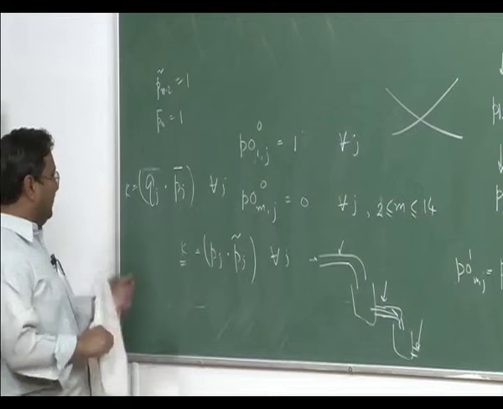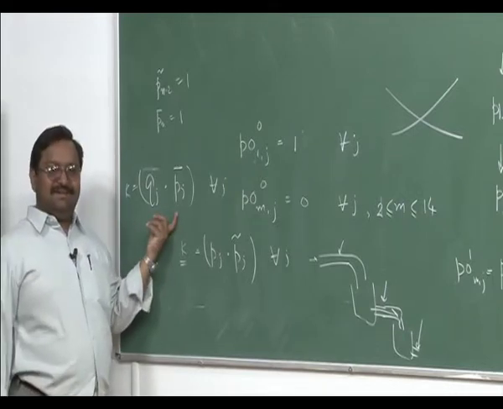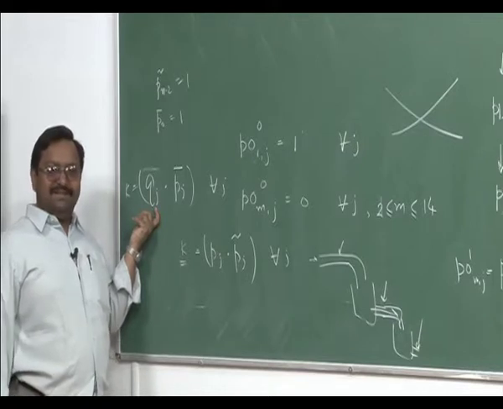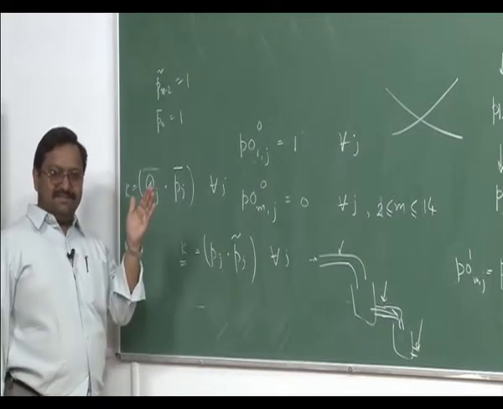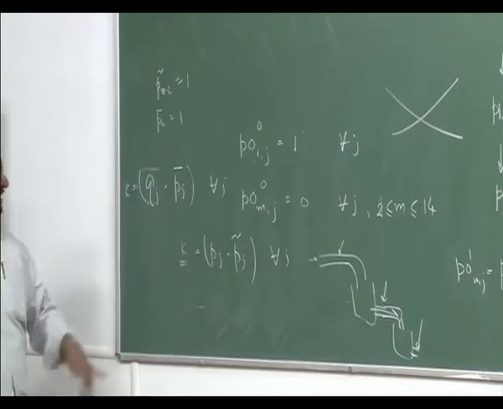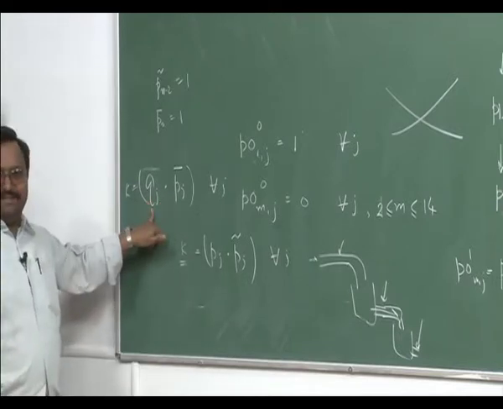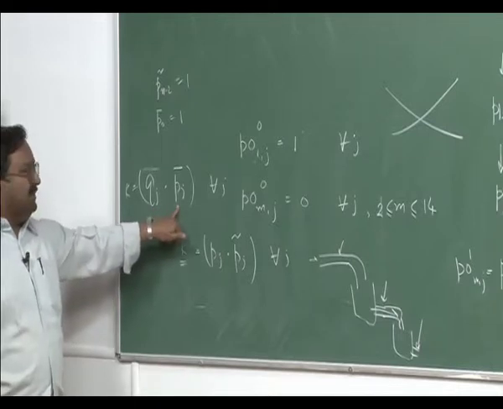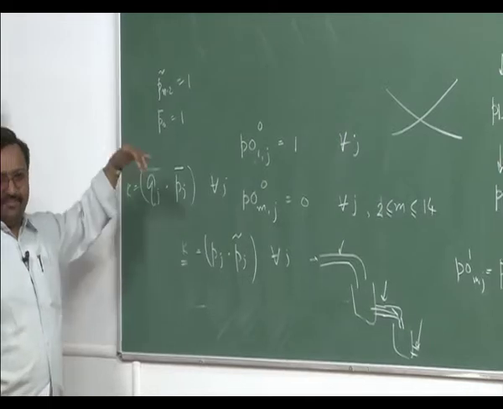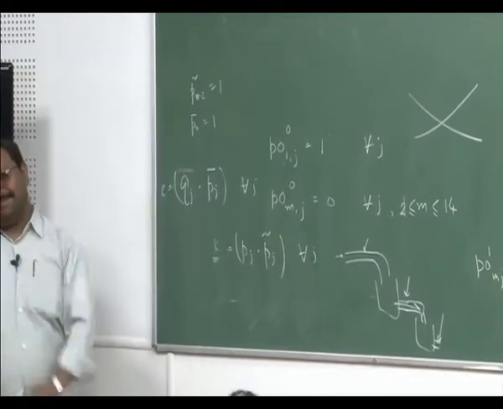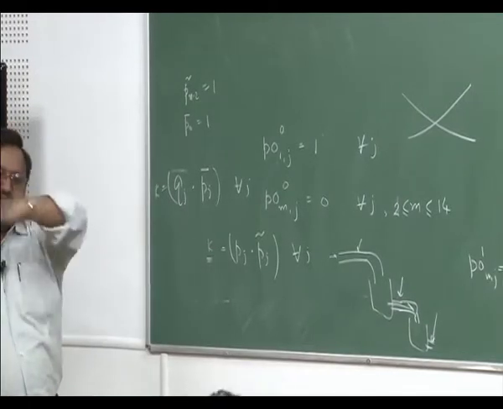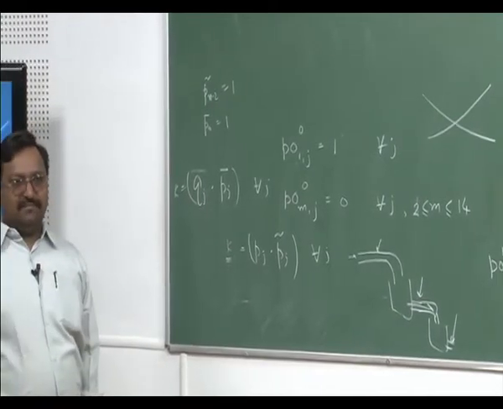And you can similarly look at what happens. QJ will be smaller on the input side, in stages which are closer to the input. As you move towards the output side, this QJ will start increasing, while PJ bar will be higher on the input side and will be decreasing as you move towards the output side.